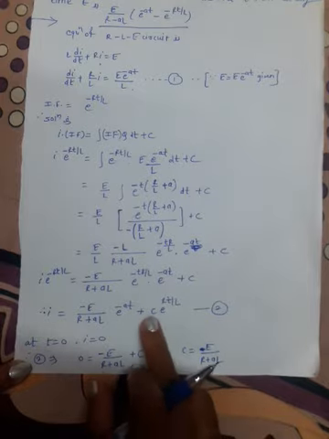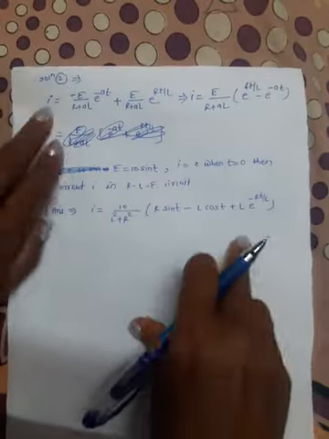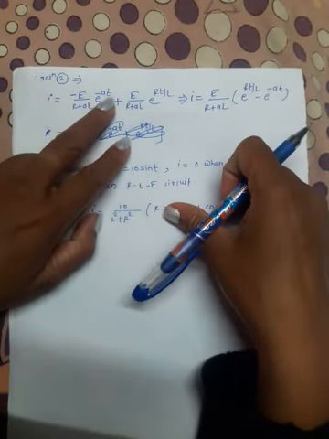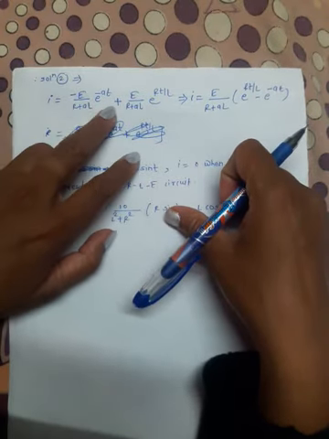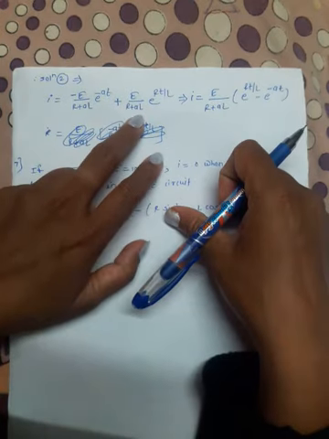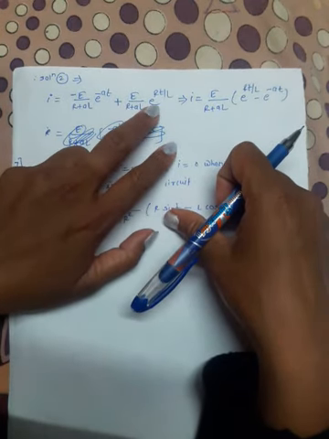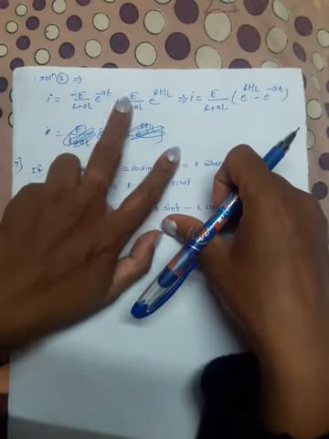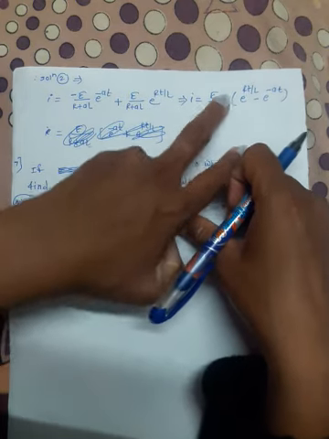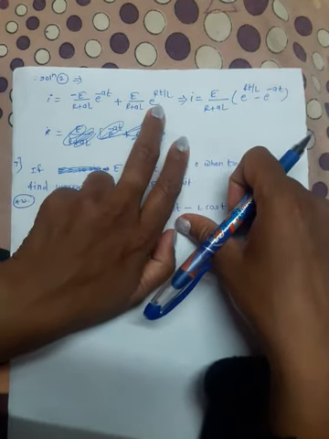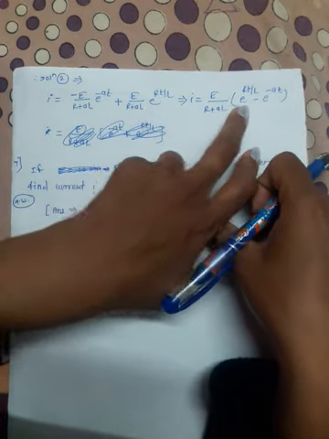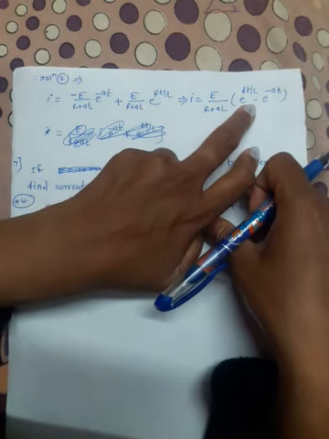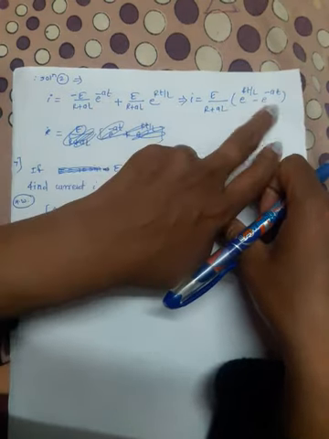Put this value again in the solution, we get I equal to minus E e raised to minus at upon R plus aL plus E upon R plus aL e raised to minus RT upon L, which implies take E upon R plus aL common. It becomes, this is plus, take first e raised to minus RT upon L minus this e raised to minus at.